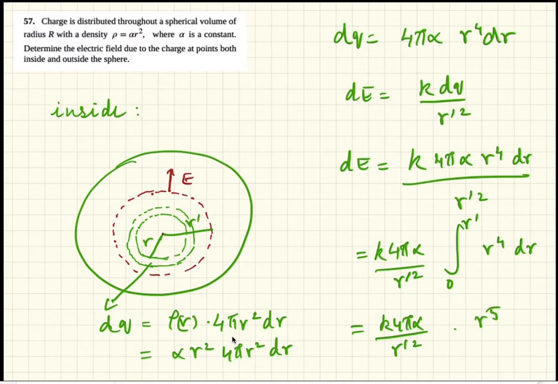The integral of r to the power 4 is r to the power 5 divided by 5, from 0 to r prime.